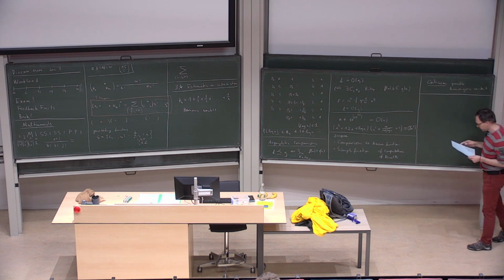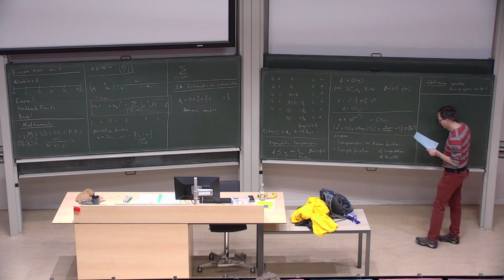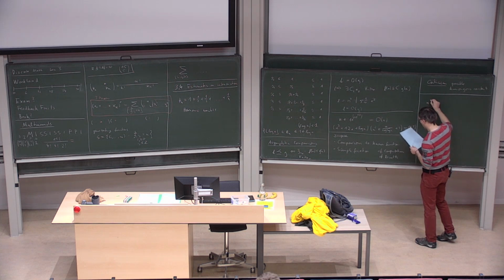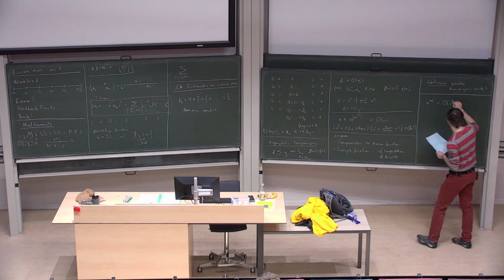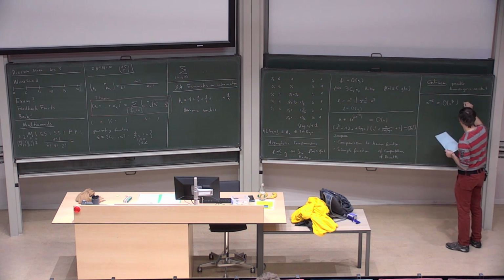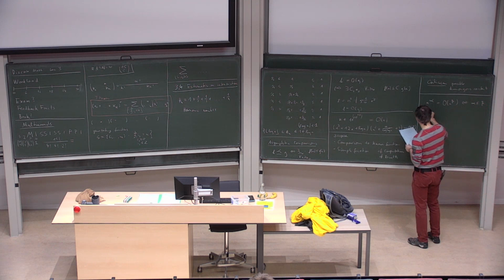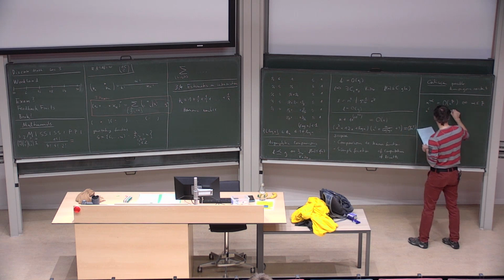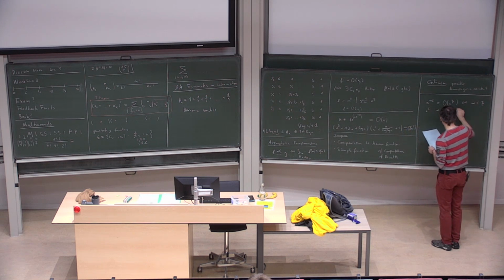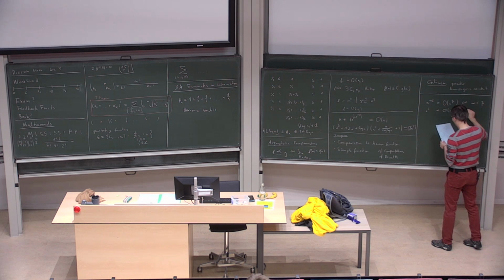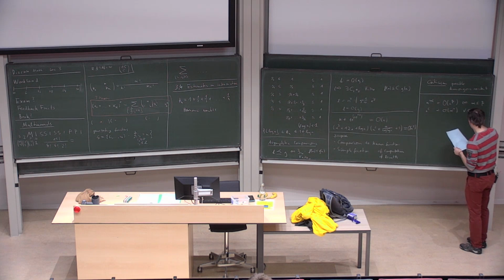So there are some useful facts about this. n to the alpha is O of n to the beta if and only if alpha is not larger than beta. n to the c is O of a to the n for all c and a larger than 1.